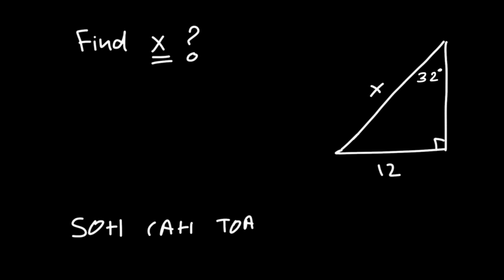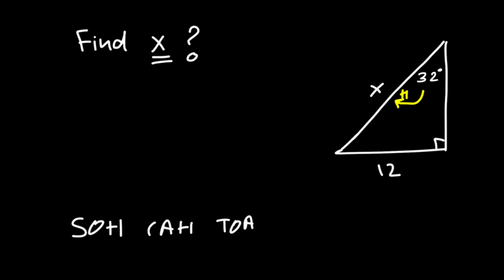Now, which one to choose to solve this question? It depends upon the question. So I will imagine myself standing here at the angle, and they are requesting us to find the hypotenuse, right? So I will just mark here and write H as a shortcut for hypotenuse.